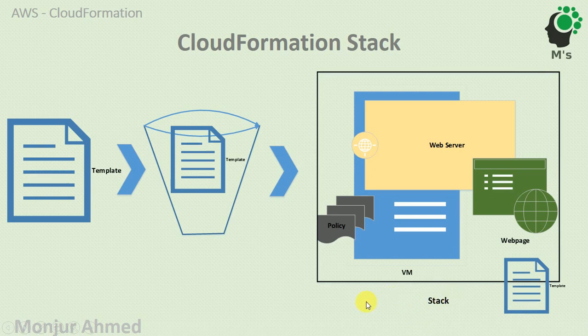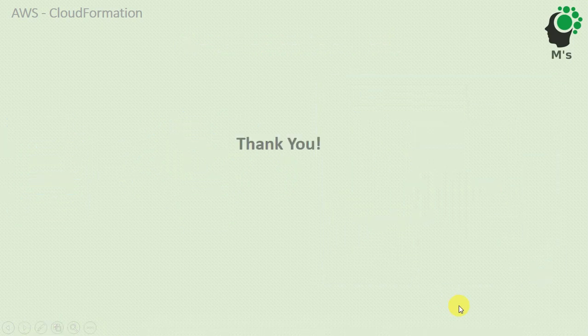So to sum up, a stack is the area, we can say a room, where all the resources and everything deployed by following the instructions in a template are thought of as a single unit, and that single unit is known as a stack in AWS. Thank you.